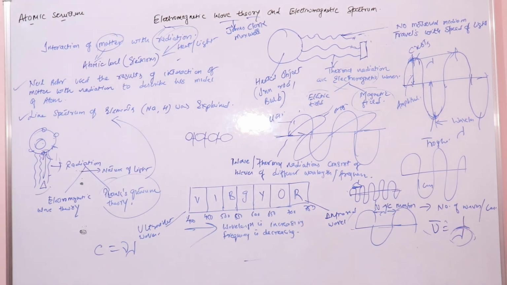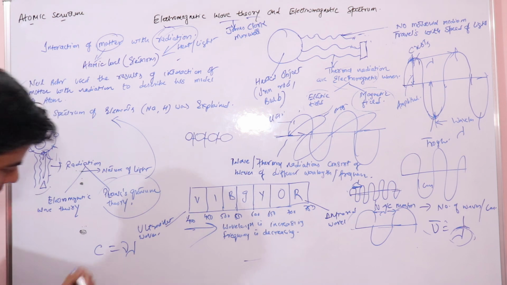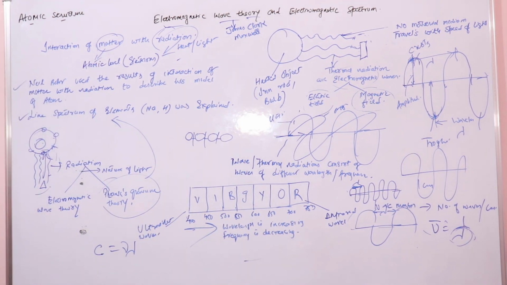The number of waves, which is frequency, and lambda, the length of each wave, gives you the speed, the velocity of the wave, right?